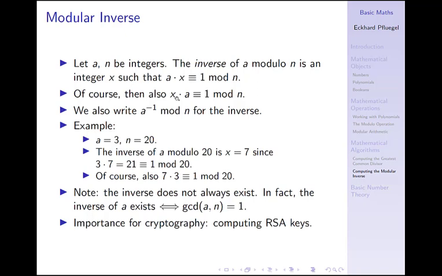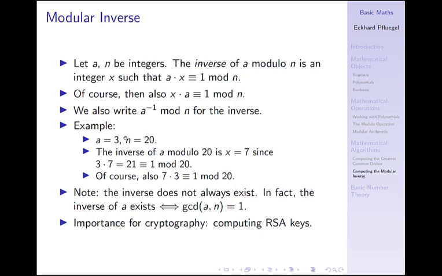Okay, I've talked a lot now. It's probably better to look at some examples. If I gave you a equals 3 and n equals 20, you could wonder what the inverse of 3 mod 20 would be.